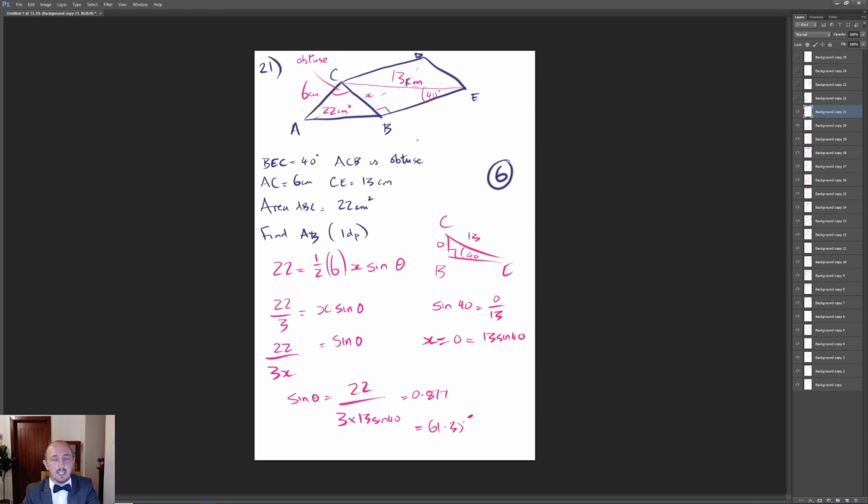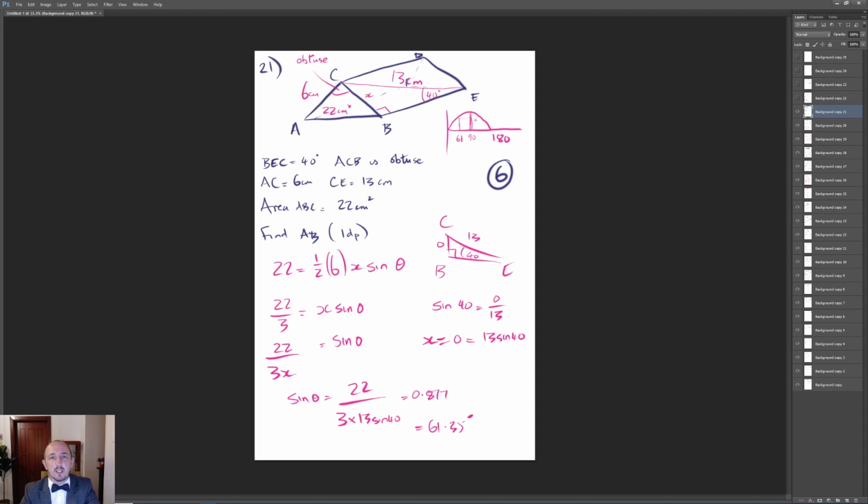So how can we have an obtuse angle if the angle is 61 degrees? And this is the tricky bit here, if we have a look at the sine graph here between 0 and 180, then the angle I get from my calculator, that 61 degrees here, is actually symmetrical around 90 degrees.